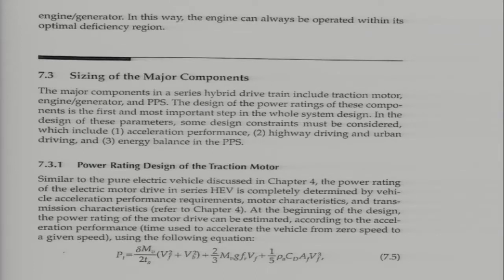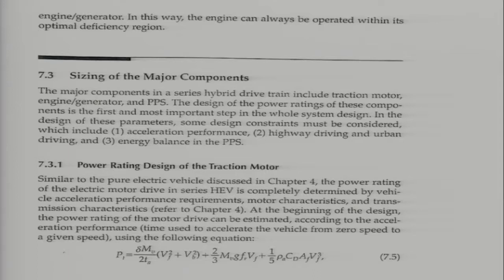These are the three different constraints for which the design of the components will be considered. Acceleration performance is how fast you want to accelerate the vehicle and how the performance of the vehicle is judged. The greater the acceleration performance, the greater the power of the engine.